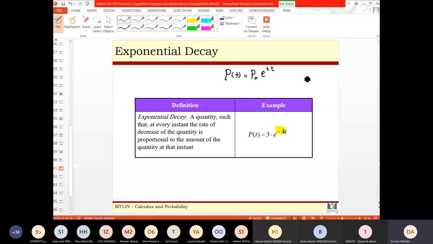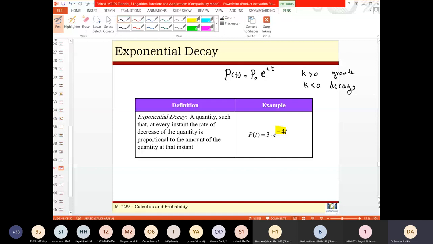When K is positive, it means growth. When K is negative, it means I have a decay. You got it now? So this is population growth and population decay.